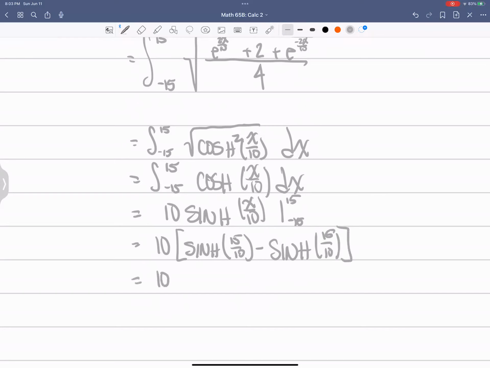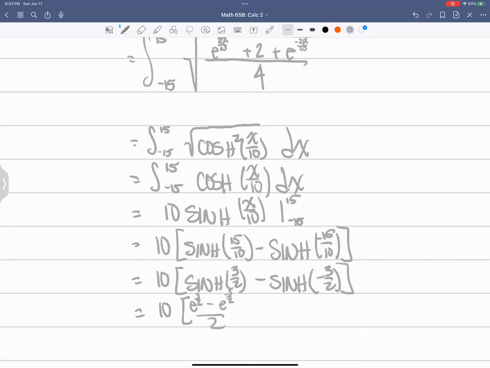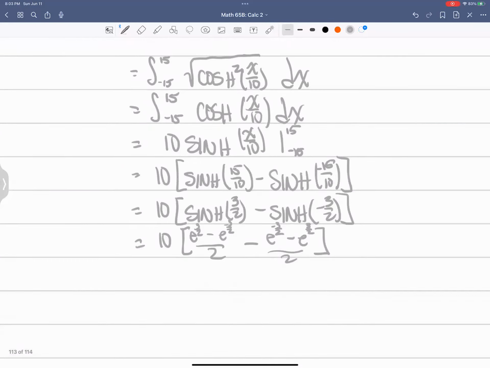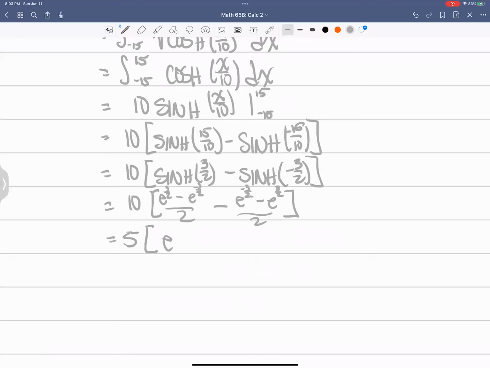Let's simplify before we start plugging everything in. Hyperbolic sine of 3 over 2 minus hyperbolic sine of negative 3 over 2, times 10. Evaluating, we have e to the 3 over 2 minus e to the negative 3 over 2, minus e to the negative 3 over 2 minus e to the positive 3 over 2. We could factor out the 1 over 2.